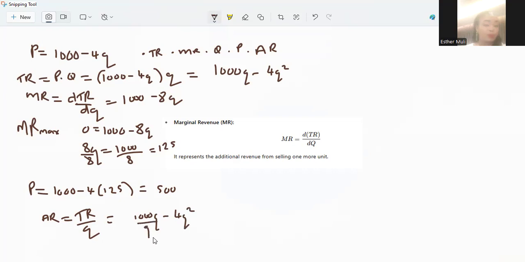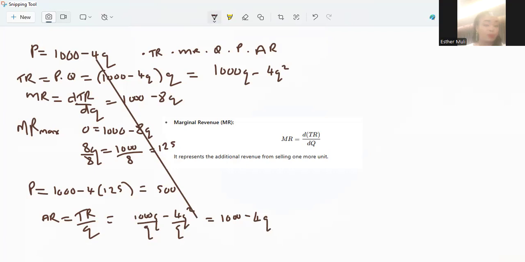You divide through by Q, and this takes us back to 1000 minus 4Q. This will be our final average revenue.